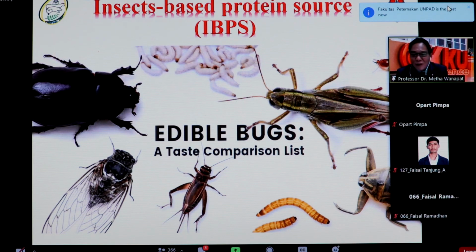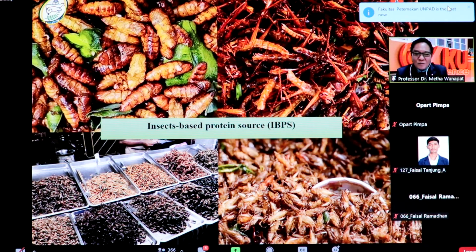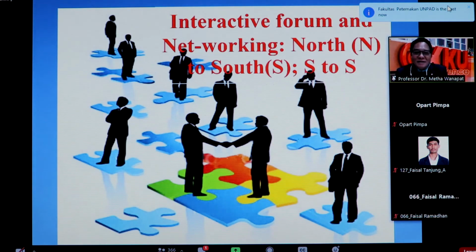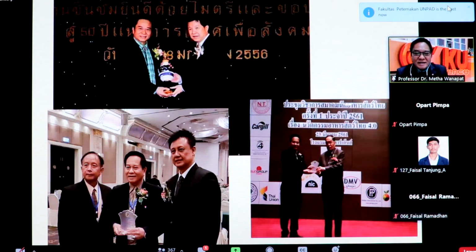So that's why I said I've been very busy. You can see this insect work. A professor from Bogor Agricultural University will also be there. Networking is very important, so this is a good start. We should continue our connection together.